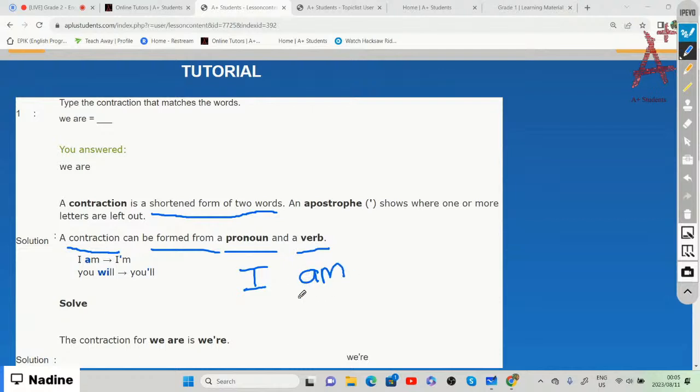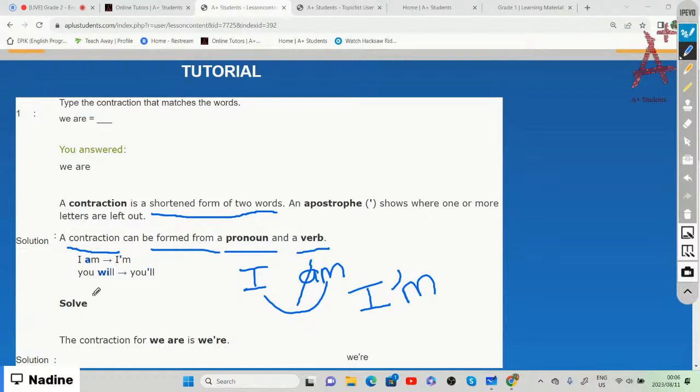What's going to happen is we remove the A and put the I and the M together. In the place of the A we put the apostrophe, and then the M. So it's like saying I am, and the apostrophe shows that we have left something out. So I'm is a shortened form of the two words I am.